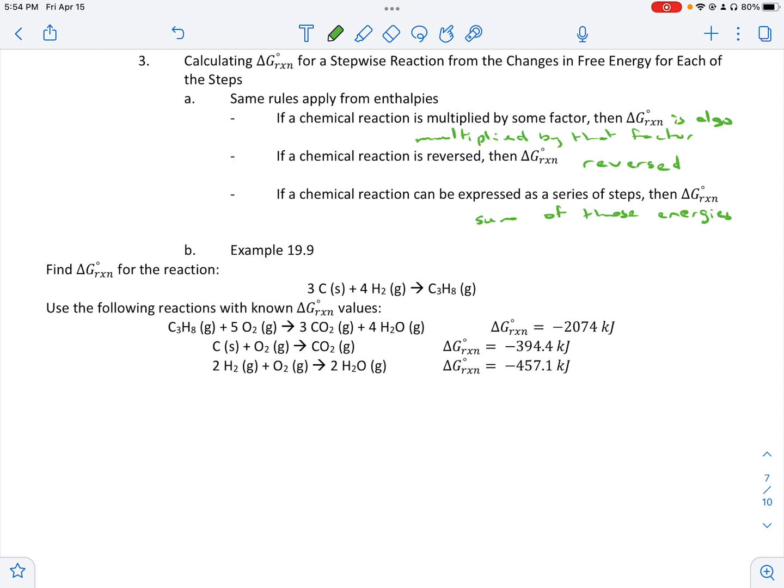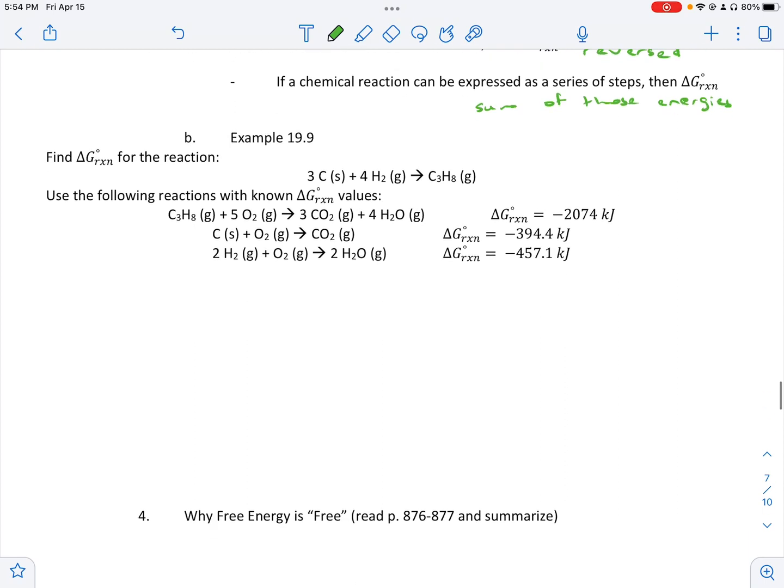All right, and we're going to see that down below in this last example we have here. So let's see what we're getting. We're trying to get this reaction here, and we have these three reactions to build to it. So let's look at that first one. What in that first one matches up with that top reaction? Hopefully you see C3H8. But we need it reversed to get that, so we're going to have -1 there.